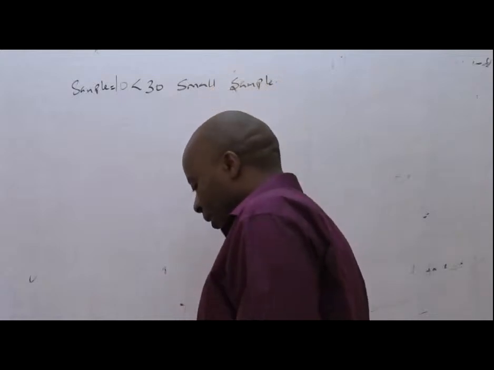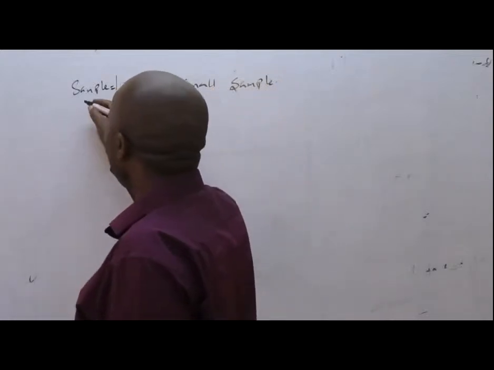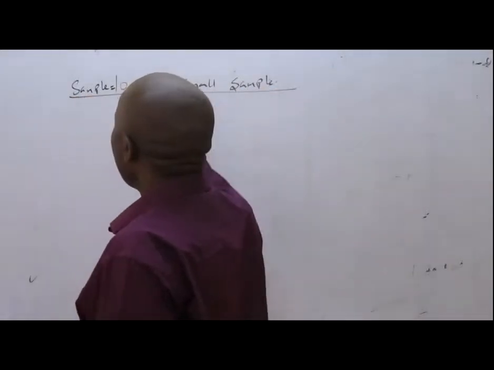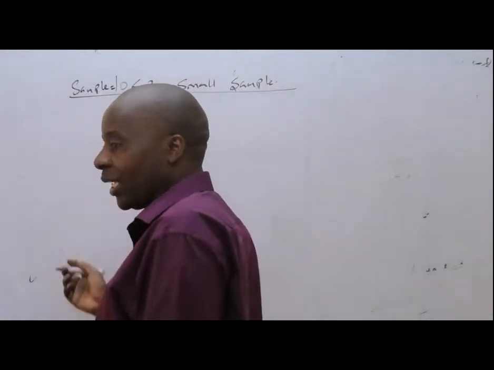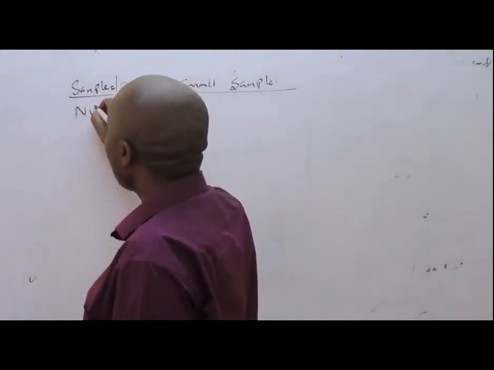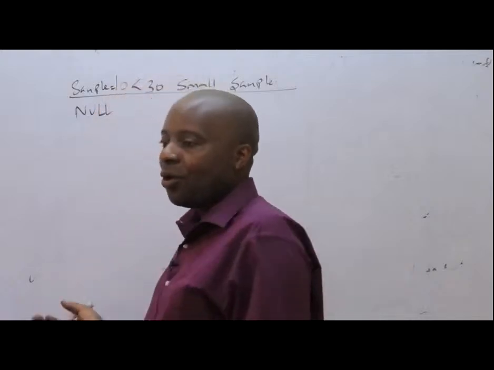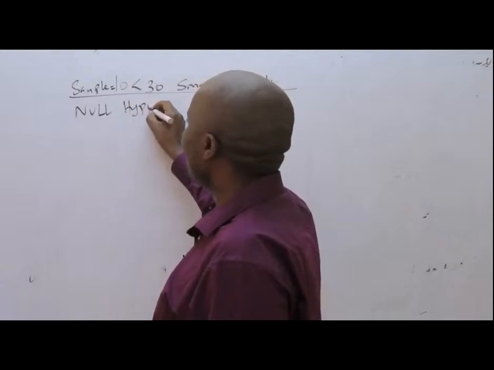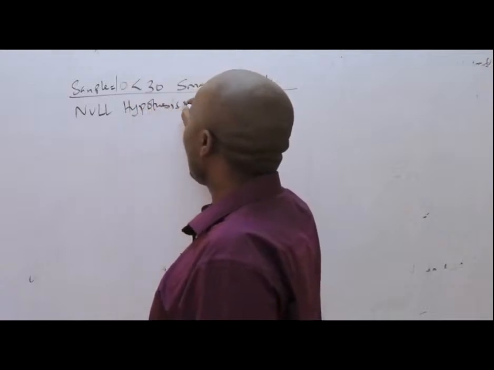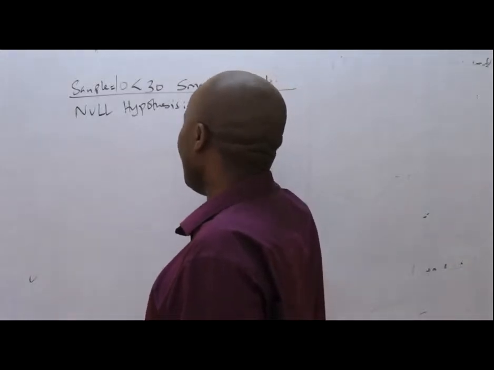So very important. From there, what we shall do is come and put down your allegations. So we have the null. Null means no difference. So we have our null hypothesis H0, which will be something there.